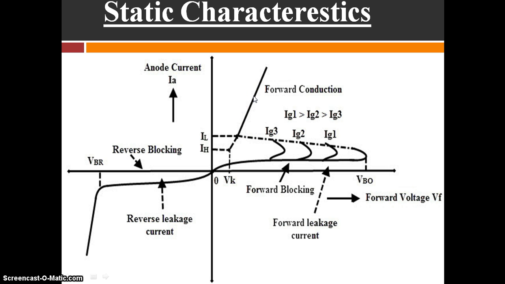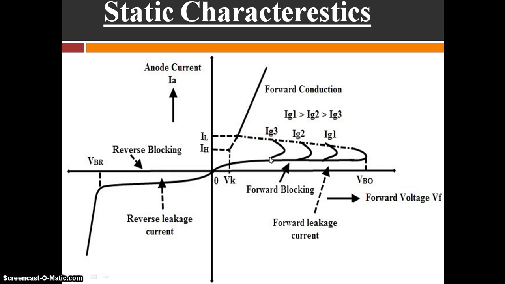In the forward blocking state, there is high voltage and low current in operation, that is the thyristor is in the off state. In the transition state, the SCR remains blocking.